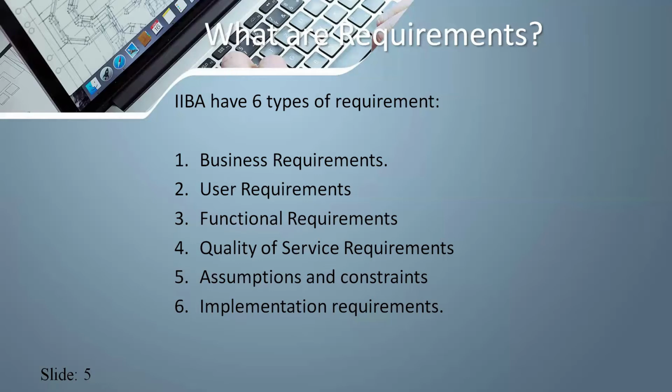Assumptions and implementation requirements is about, let's say, that the database has to be an Oracle database. Now, we are not supposed to take implementation requirements because implementation is the job of the development team, the technical team, and we should not restrict them.